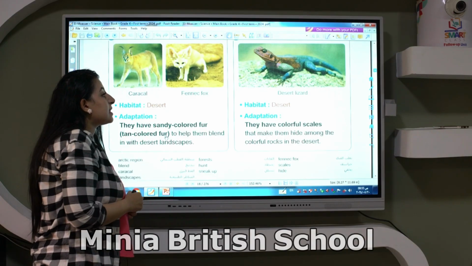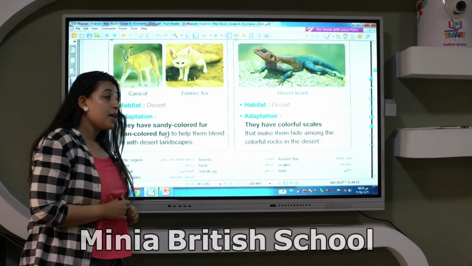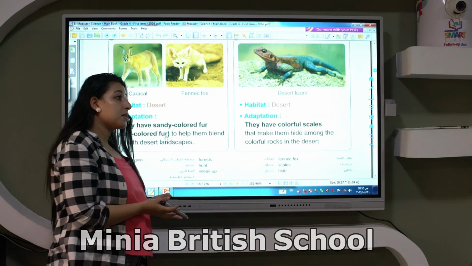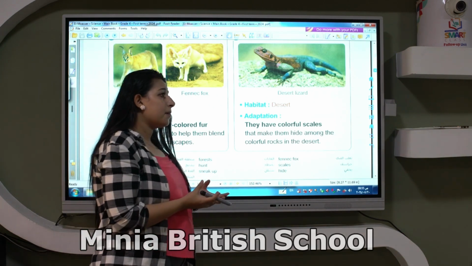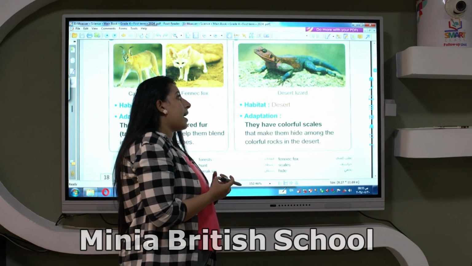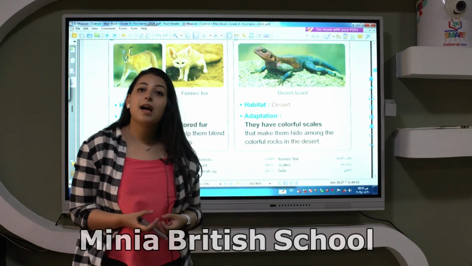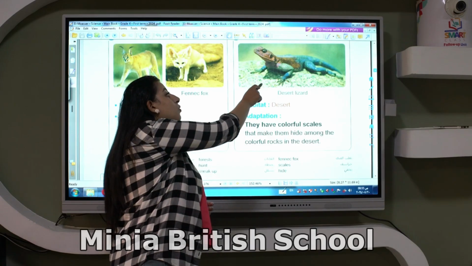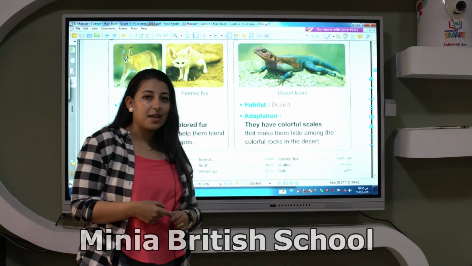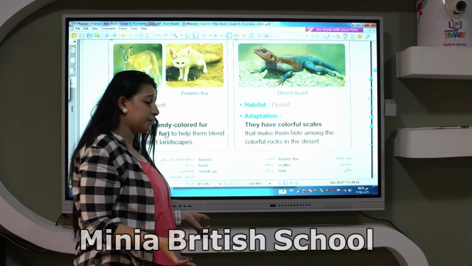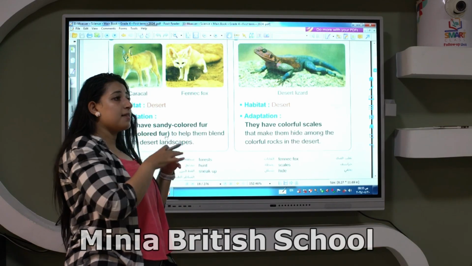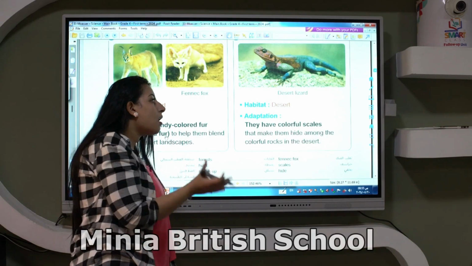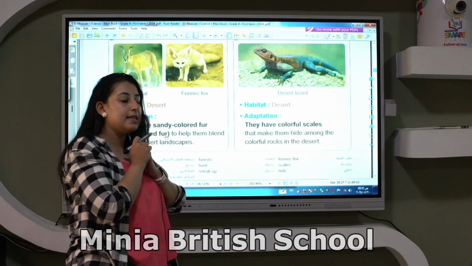What about this lizard? Some lizards in the desert have colorful scales. Why? Because they stand on colorful rocks, so they can stay hidden on these rocks. It's hard to see them easily.